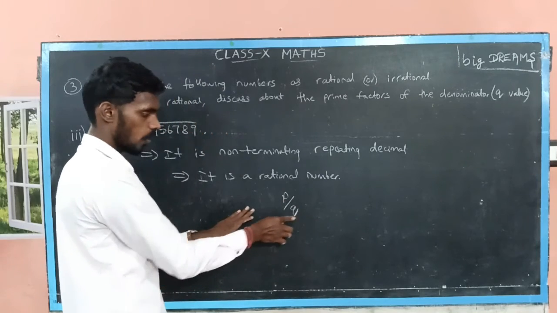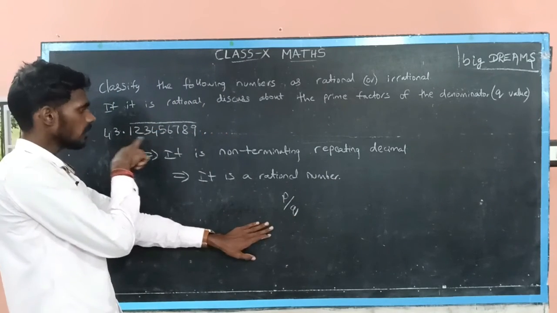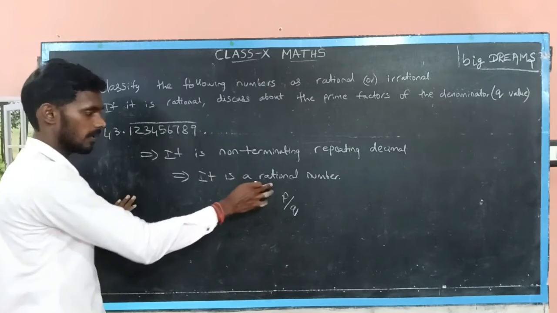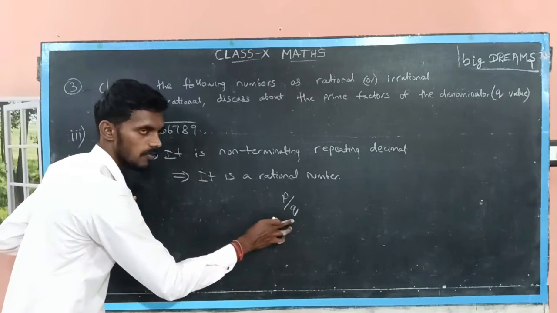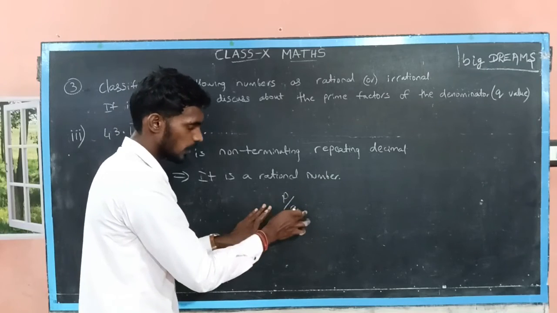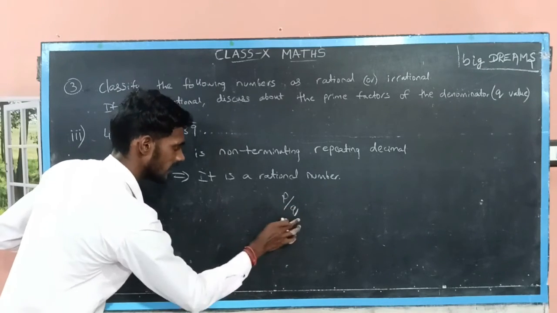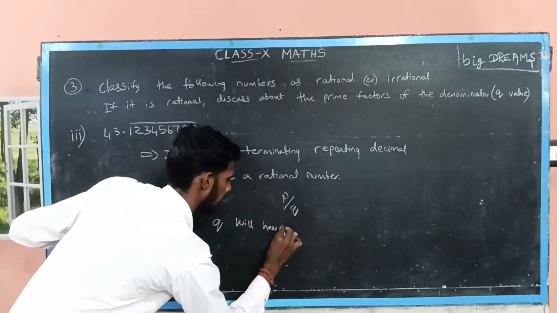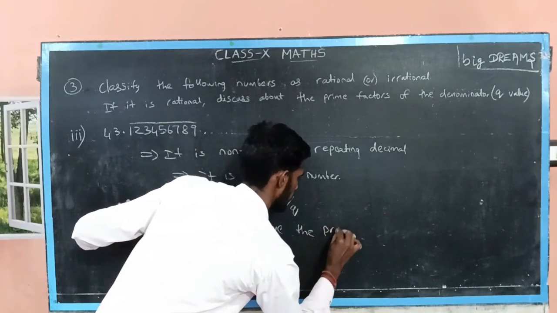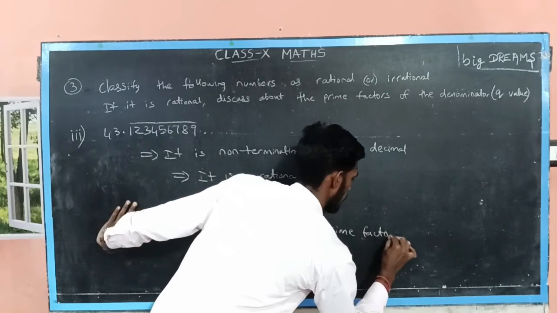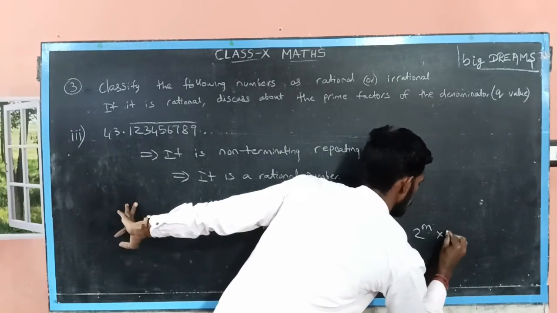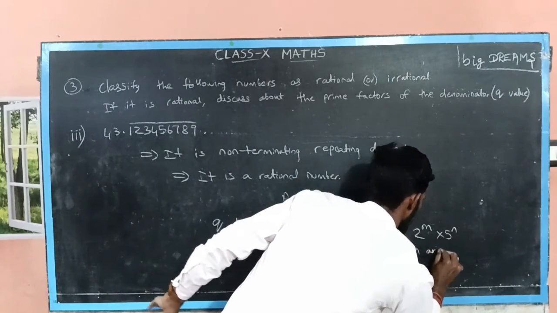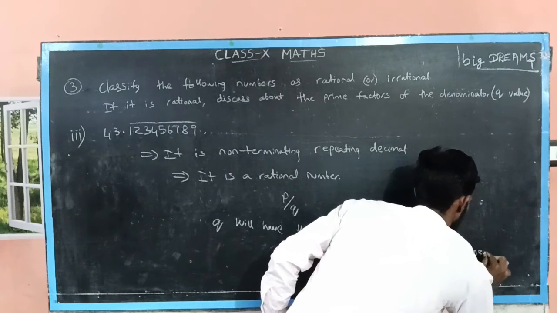When talking about the denominator, see it is a non-terminating repeating decimal, so definitely it is a rational number. If it is a rational number, then it can be expressed in the form p by q, where both p and q are co-primes. So the prime factorization of the q will lead to 2 power m into 5 power n, where m and n are non-negative integers.